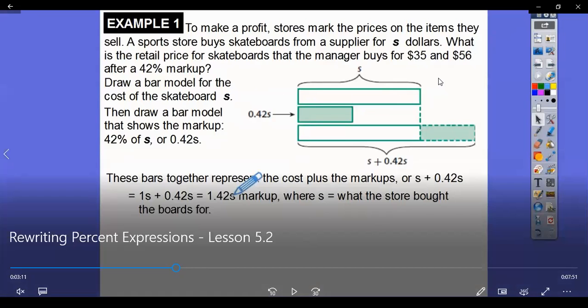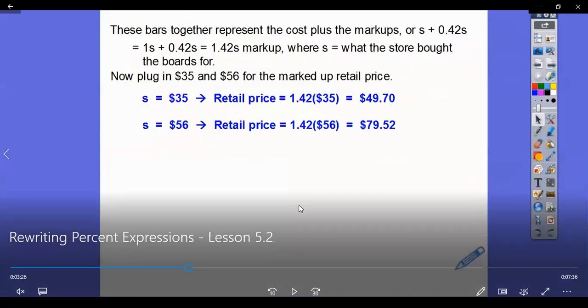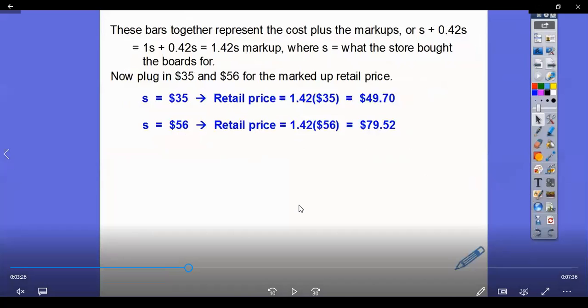We want to know the new selling price if we add a 42% markup. Then what we have to do, let me show you the next step. To find the retail price, we are going to multiply the percentage which we calculated by the cost of the item which you want to sell.